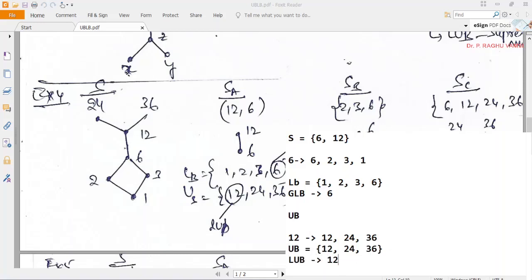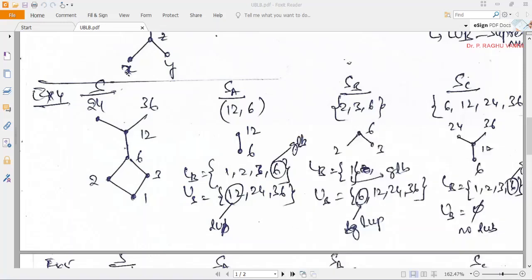So in this way we are supposed to solve the problem. Next we'll see one more example: 2 comma 3 comma 6. We need to consider the element below 2, the element below 3, and the element below 6. So the lower bound will be 1, because only one element is there below 2, 3 and also 6.